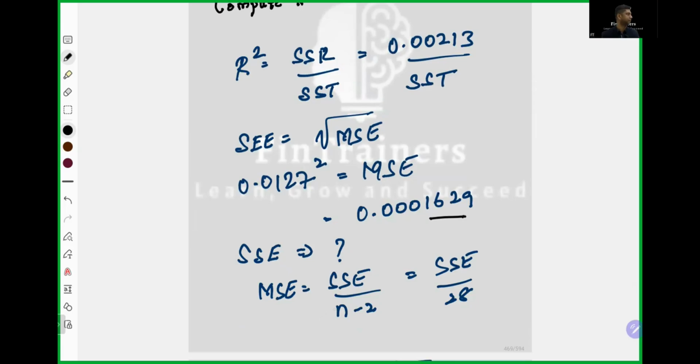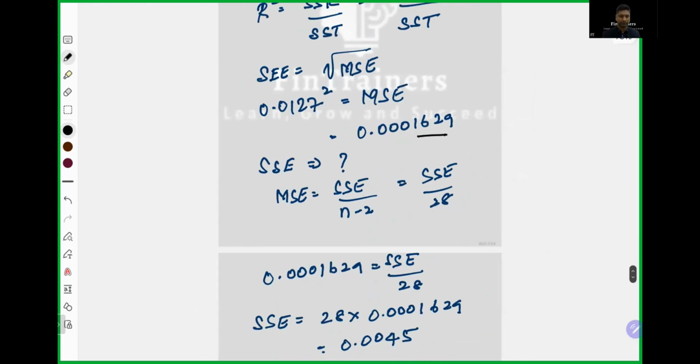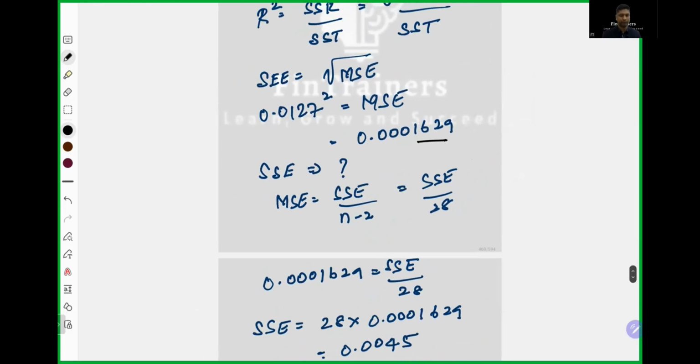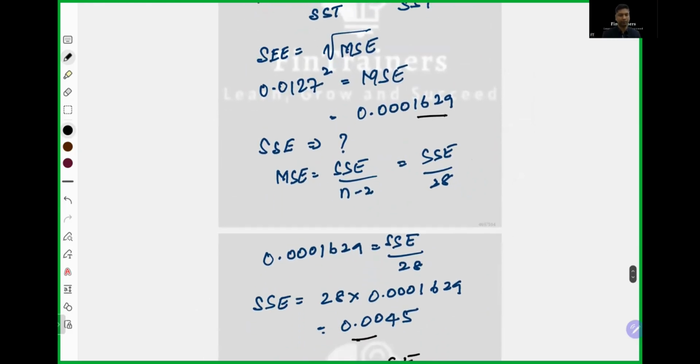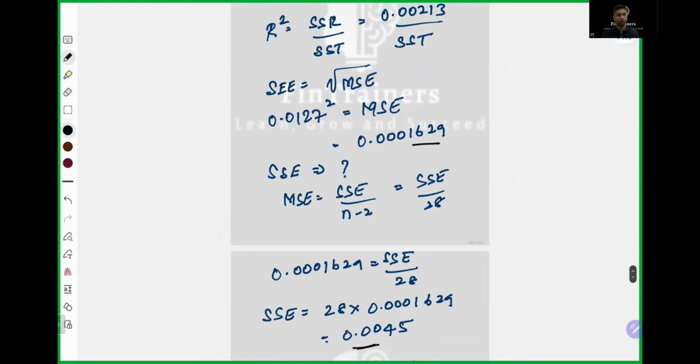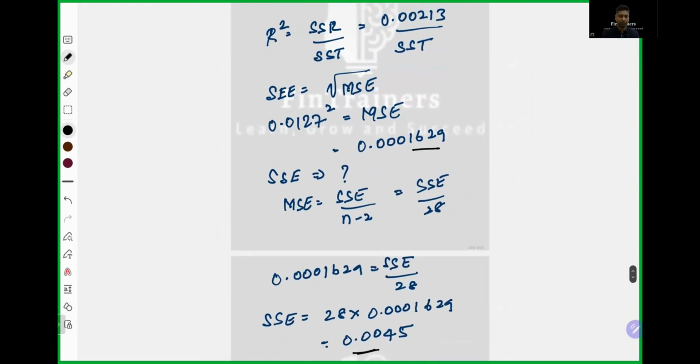N is 30, so n minus 2 is 28. So this number multiplied by 28 is giving me my SSE of 0.0045. So then once you have this SSE, you can add it to the SSR to get the SST and substitute in the R squared formula.